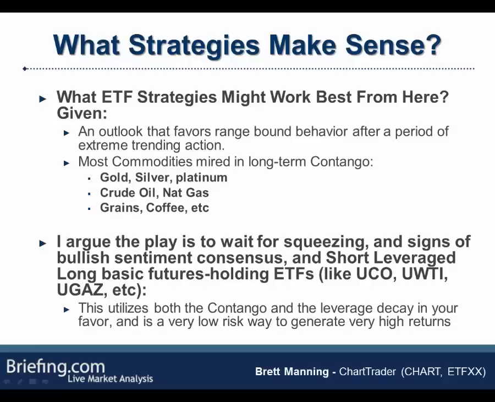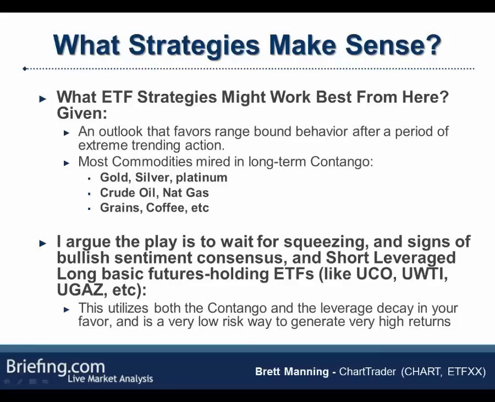If I'm starting a hedge fund right now today that does nothing but transact in commodity ETFs, here's what it does. It waits until we get some real squeezing action and some signs in sentiment data of a bullish sentiment consensus in, say, something like crude oil or natural gas. Waits until that moment.